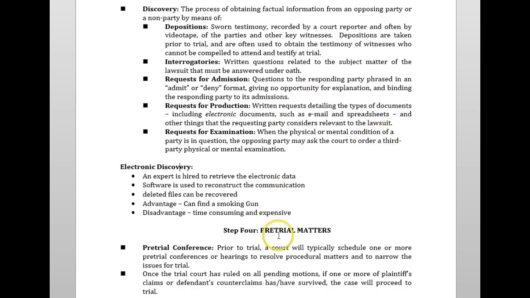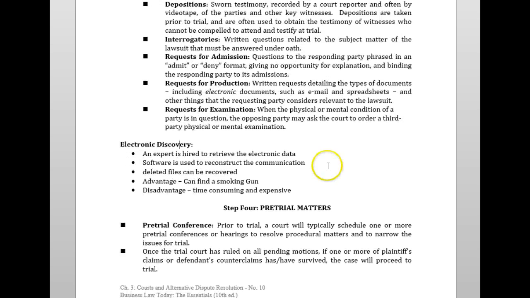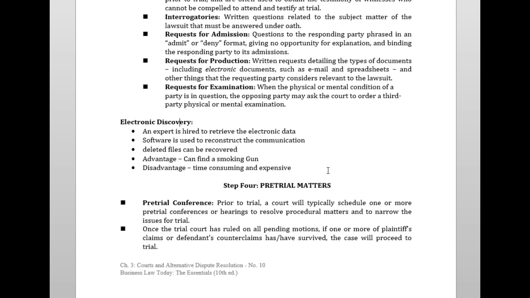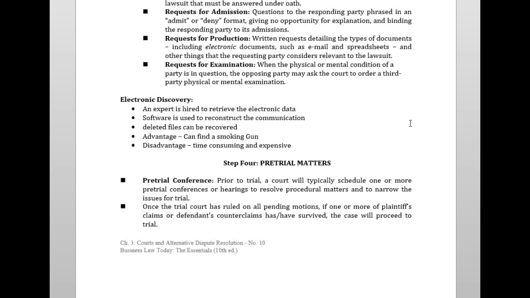It's very time-consuming and very expensive, but many more people are doing this. More trials are being brought out with electronic discovery, especially if it's a criminal trial of the white-collar nature, such as white-collar crime. And corporations will have electronic discovery much more often.